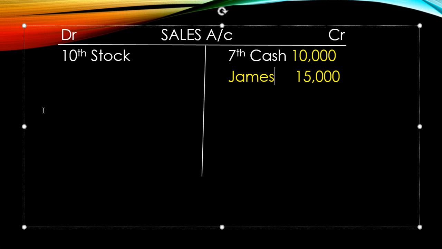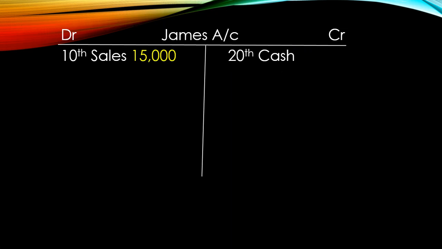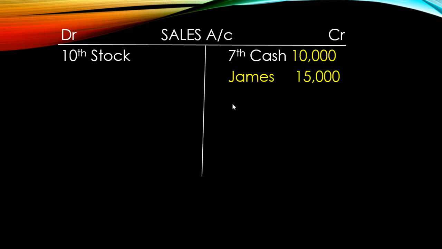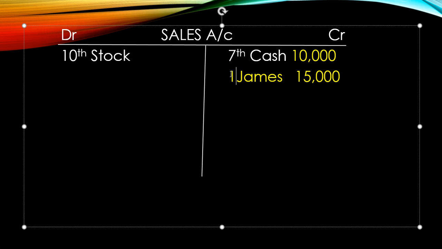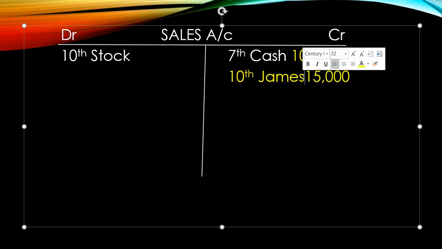So this transaction is happening on the 10th. So here we can put 10th. On the 10th, we are selling on credit goods worth 15,000.